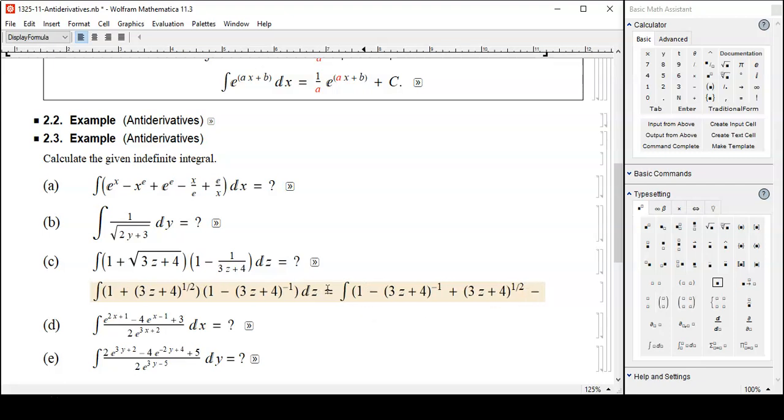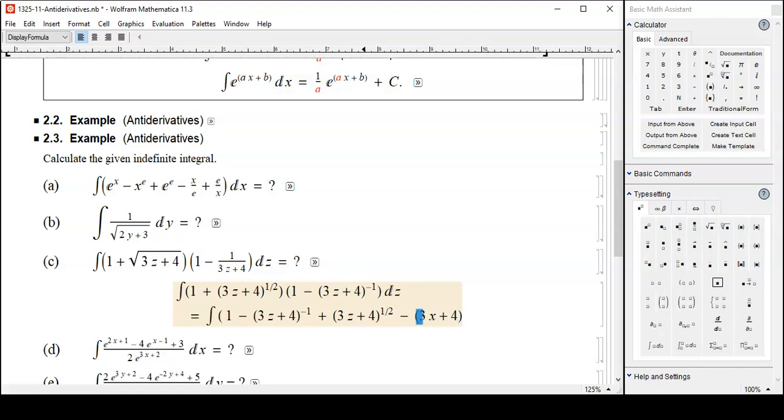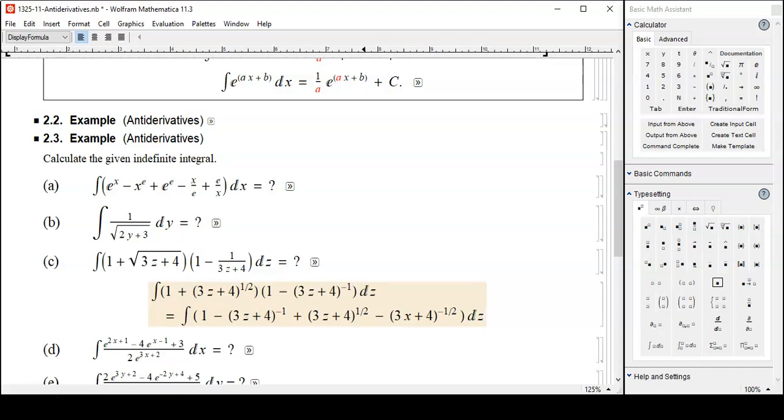And last, oh, by the way, I'm running out of space here. Okay. Last. So this times that, 3z plus 4 to the negative 1/2 power. 1/2 negative 1, so that's what we get.